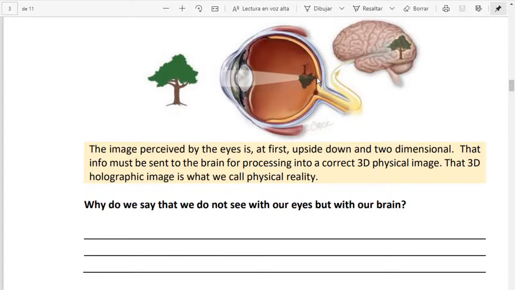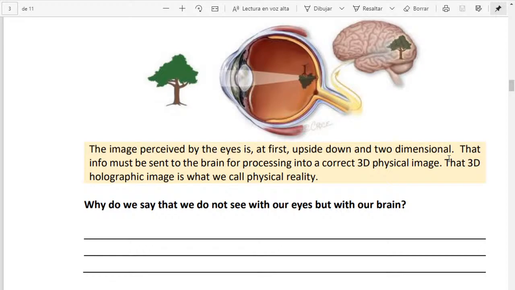And these impulses go all along the optic nerve to the brain, in this back part of the brain. Remember, this person is looking to the left. Our brain interprets this image, and our brain says, okay, this is a tree, but this tree is in the normal position, not upside down. Good.